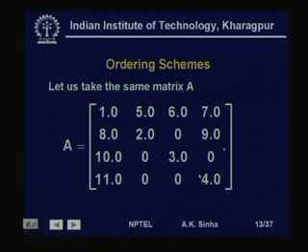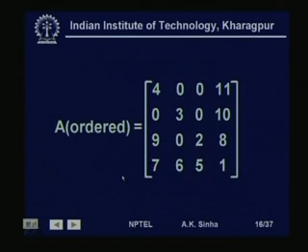Now this is 1 1 and this is 1 4, because this is 1, this is 1, this is 2, this is 2, this is 3, this is 3, and this is 4, this is 4. So, this is the 4th column and this is the first row. So, we have here 1 1 and then 1 4.